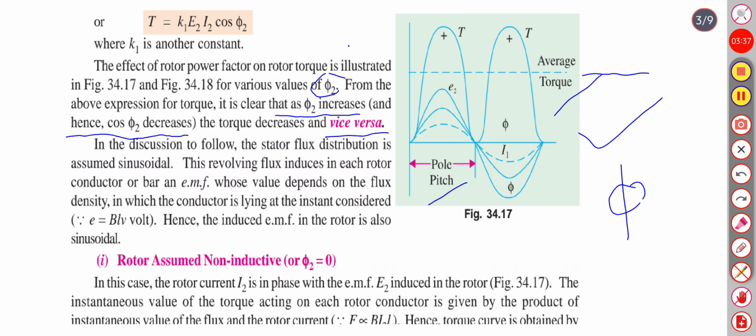In the discussion to follow, the stator flux distribution is assumed sinusoidal. This is the flux wave.